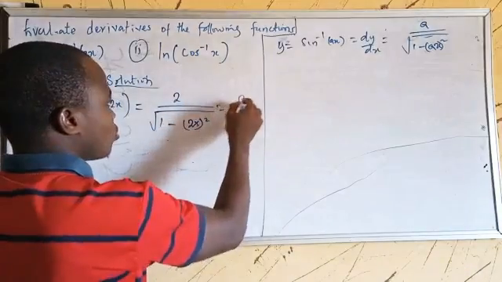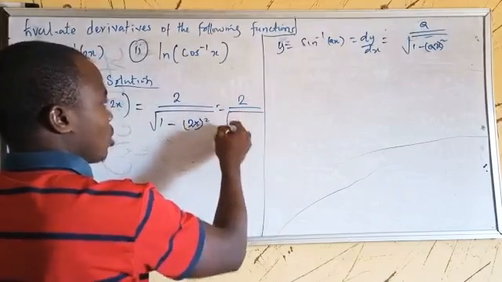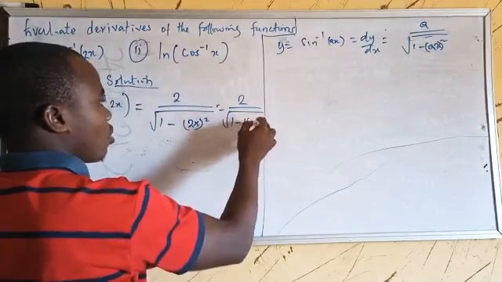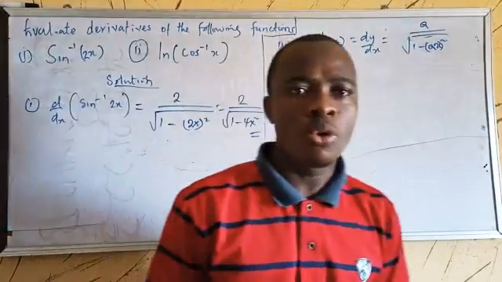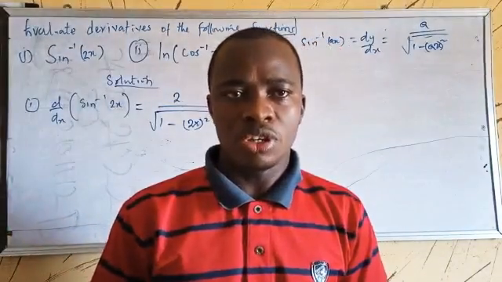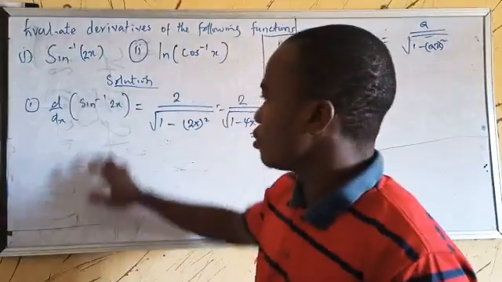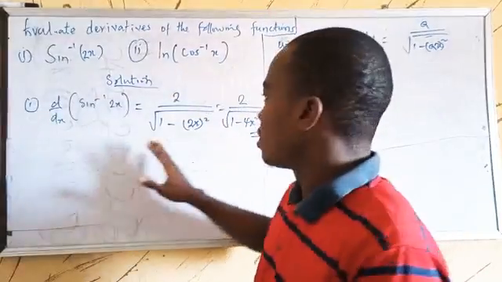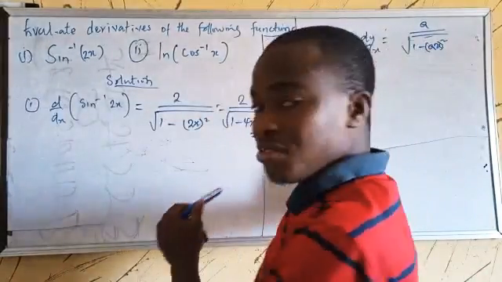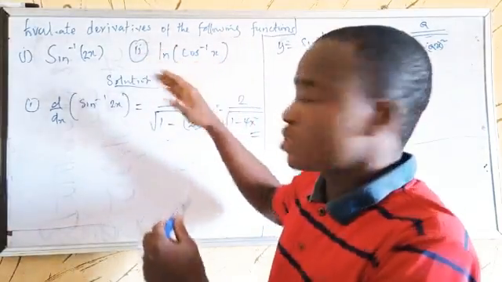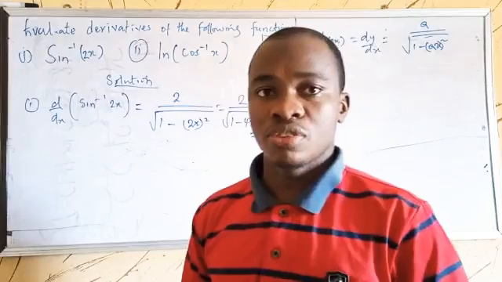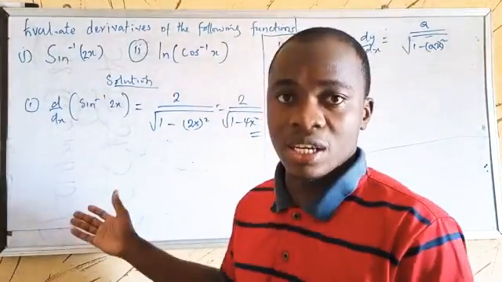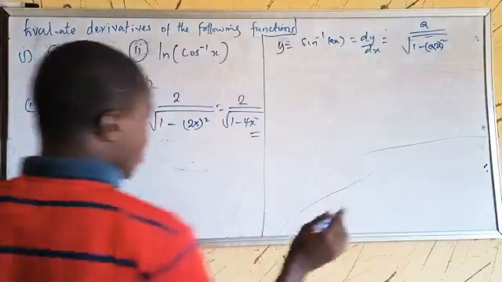So from there we have 2 over the square root of 1 minus 4x squared, which is the solution. Therefore we don't need to stress ourselves over how to solve this one. You understand? It is what was derived yesterday or the previous day, and we apply it here. You understand? So that is that.